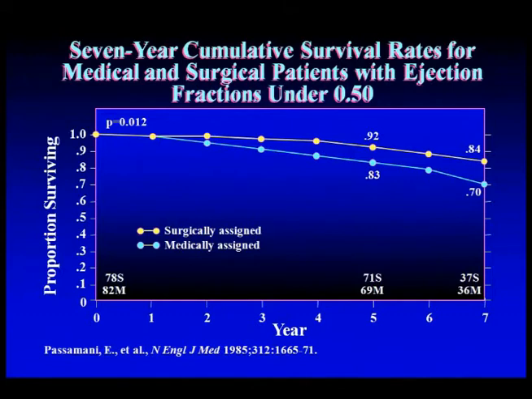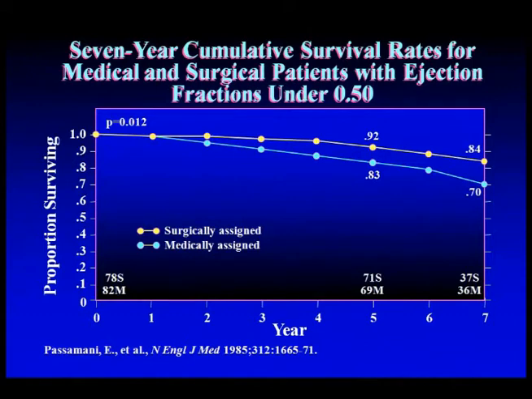And you get a gradual return of function. This is called stunned myocardium. It occurs commonly, and it can produce heart failure. Your patient may have it, and you may need to keep them going for a period of time in the ICU until their stunning goes away, and then they'll be able to handle things on their own. But during that period of time, you have to support them pharmacologically.